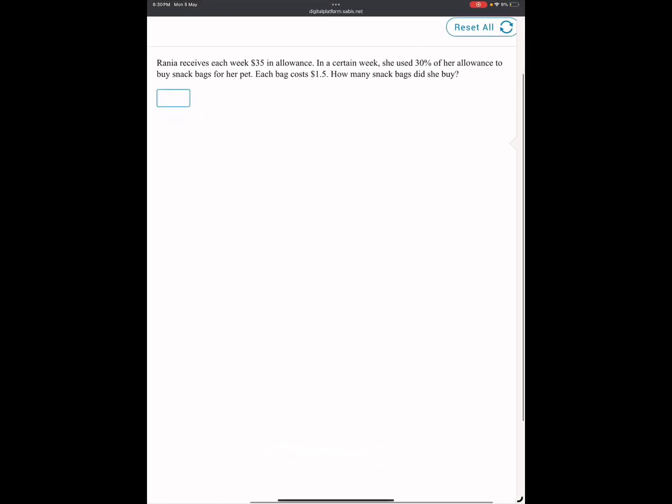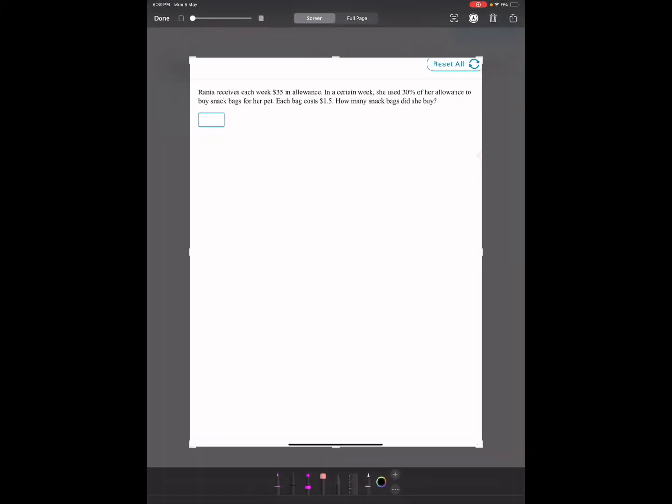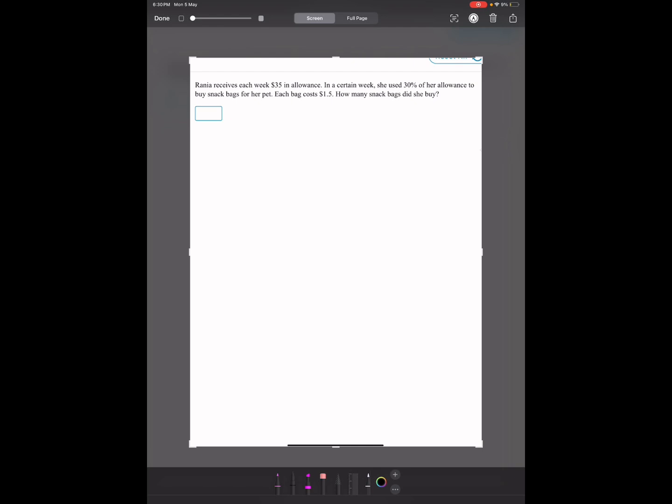Rania receives 35 each week in allowance. In a certain week, she used 30% of her allowance to buy snack bags for her pet. So what does this mean? This means she used 30% of her allowance, which is 35, right?